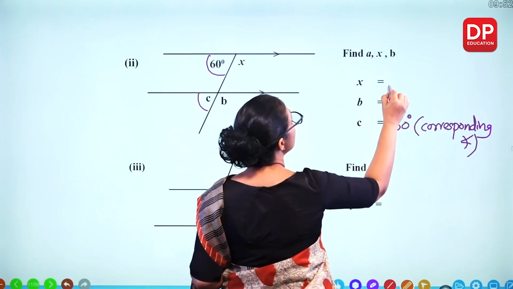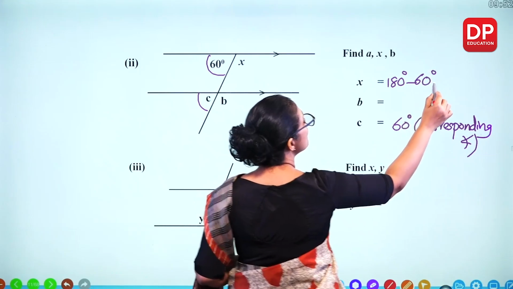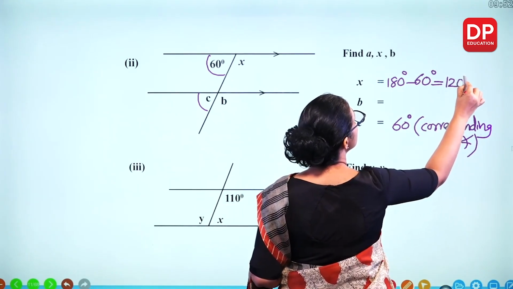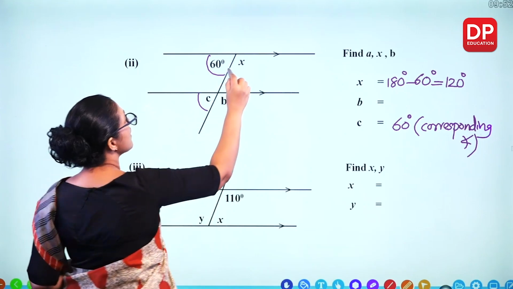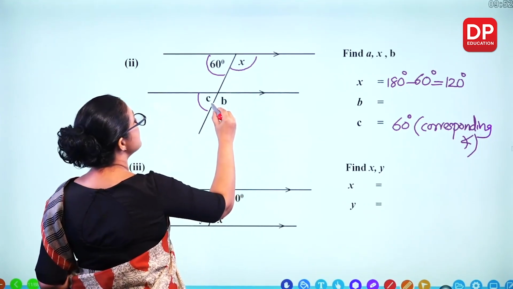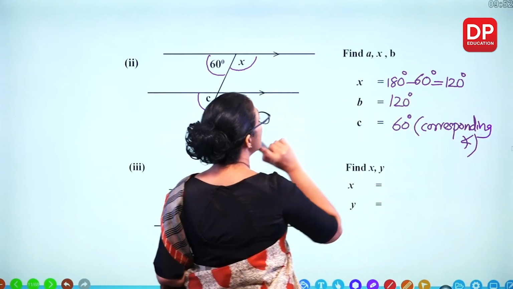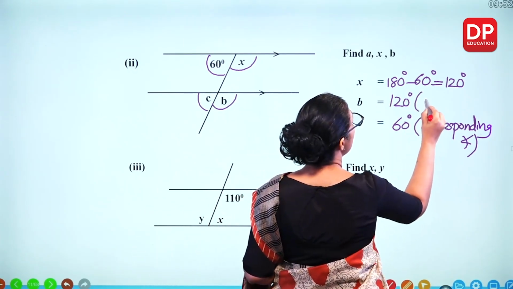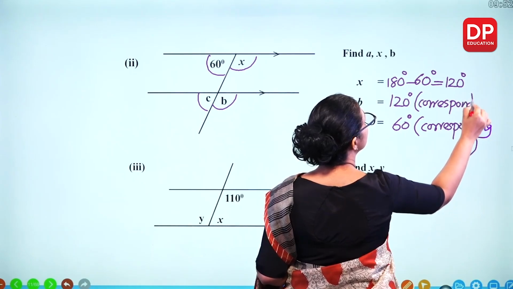X is 180 minus 60. So you get 120 degrees because of straight angle. If this is 120, this is also 120 because of corresponding angles.